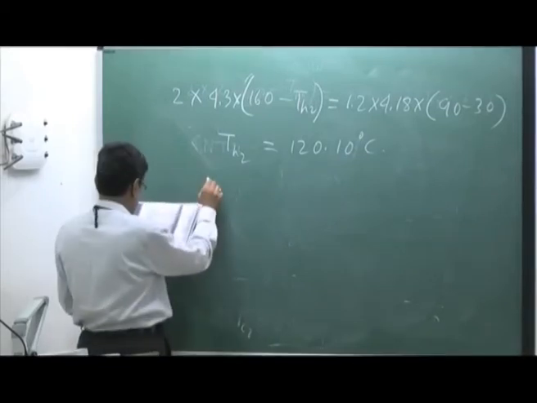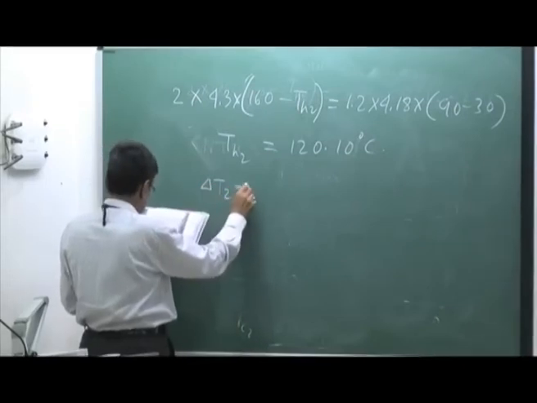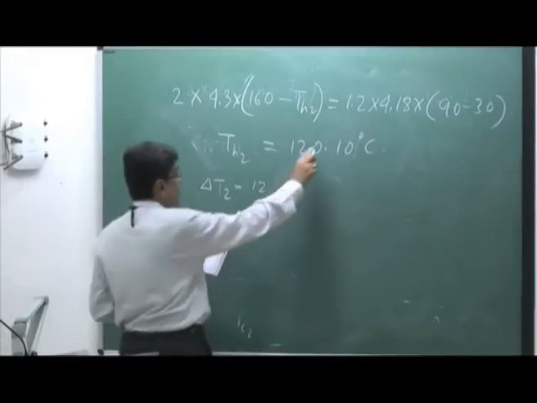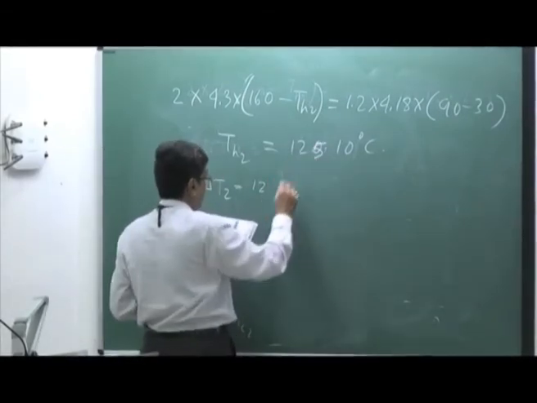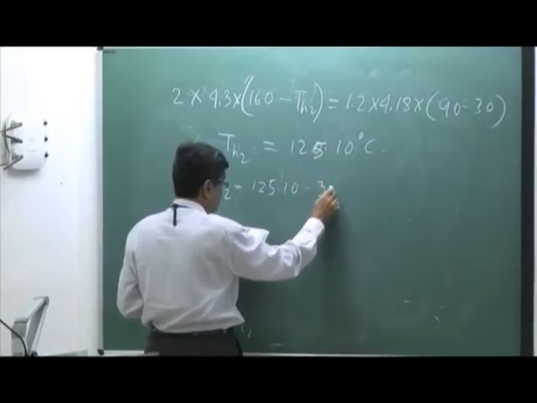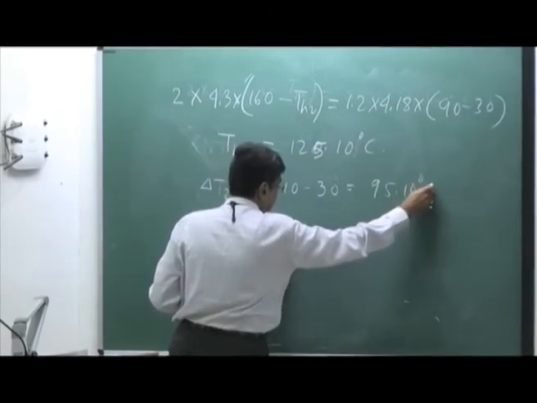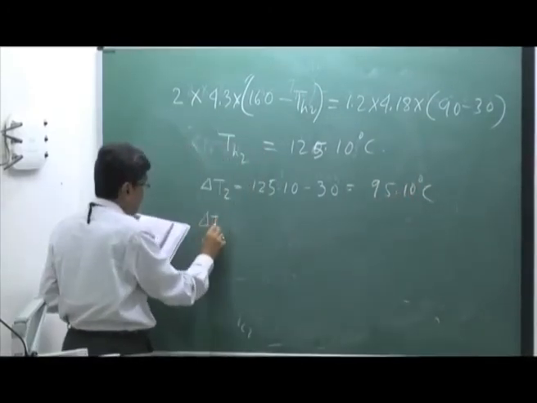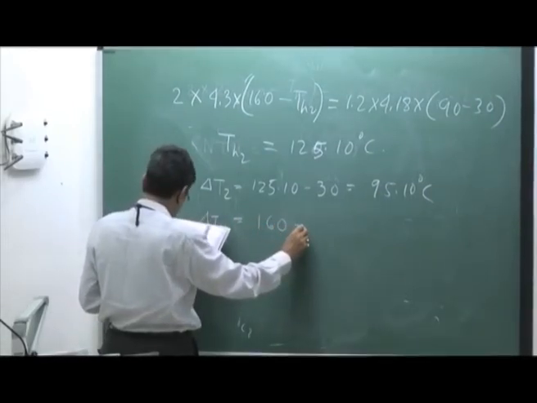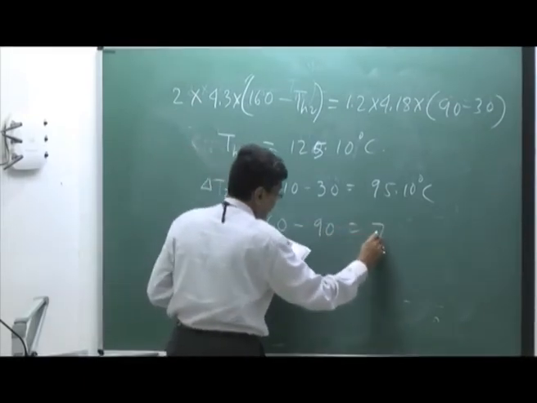Then delta T2, 125.10 minus 30 is equal to 95.10. This is meaningless, but still I am doing. Delta T1 is TH1, 160 minus TC2, that is 90. That is equal to 70 degree.